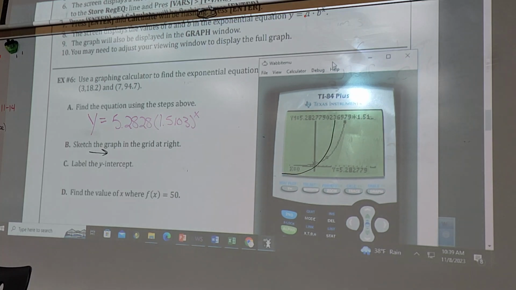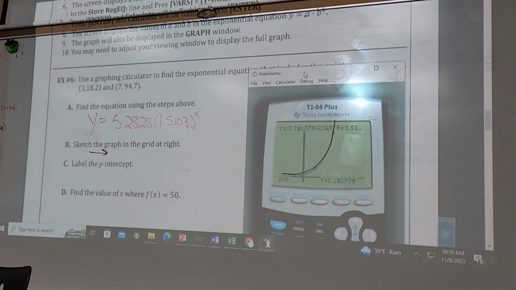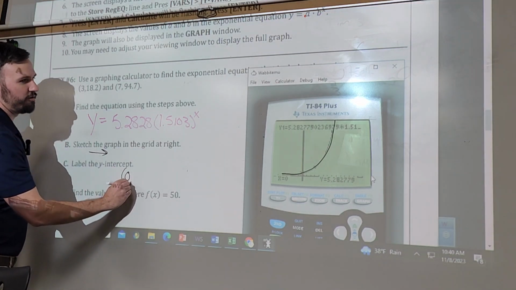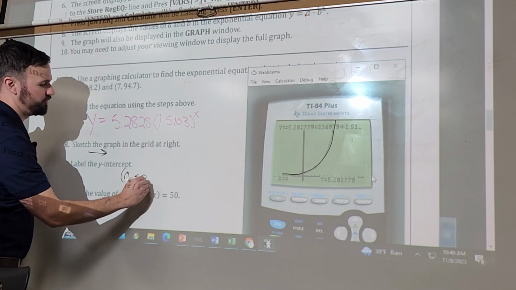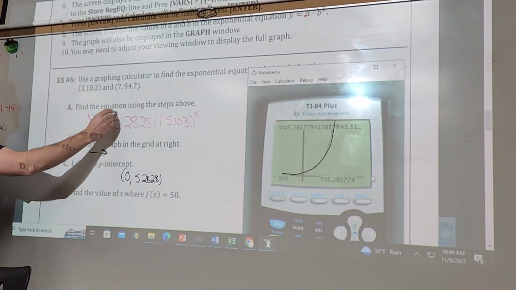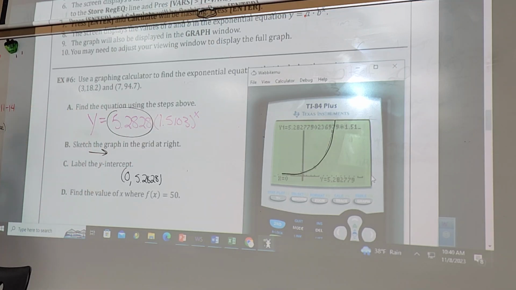Who knew? So the y-intercept would be 5.2828. Did I have to calculate on the calculator? No, it's always your a.